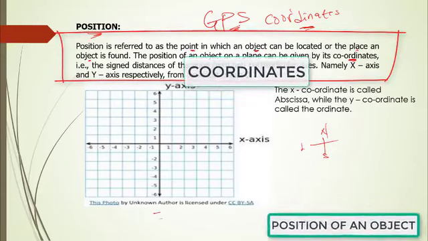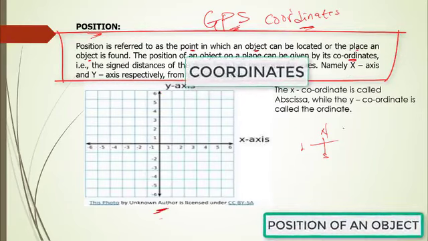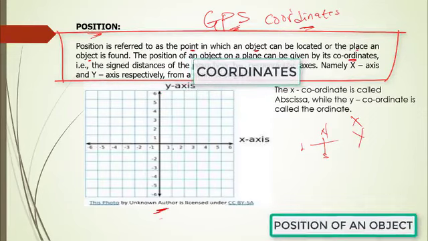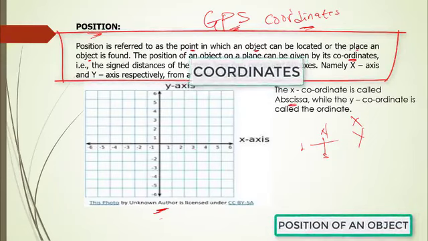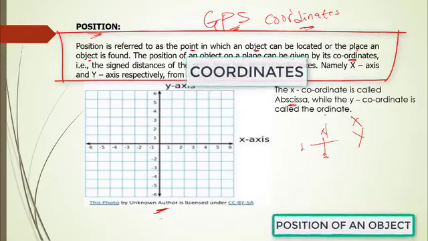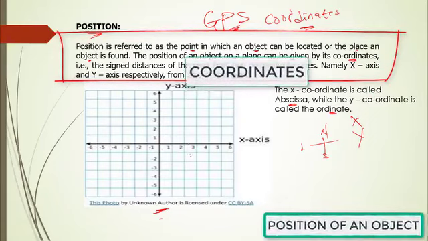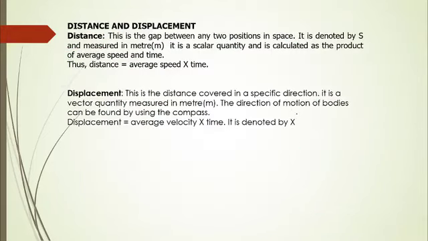As you can see from the graph here, we have two coordinates. We have the x coordinates and we have the y coordinates. The x coordinates on the x-axis, the horizontal coordinates, are called the abscissa, while the y coordinates are called the ordinates. The y coordinates are the vertical coordinates.